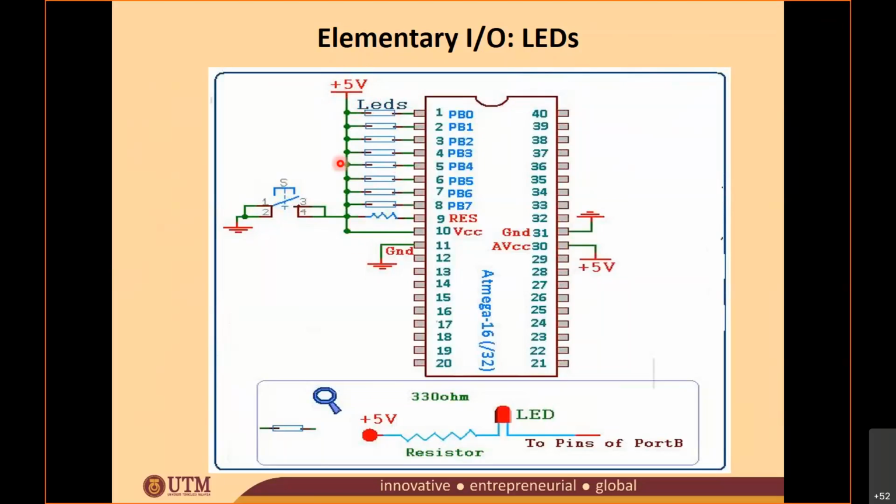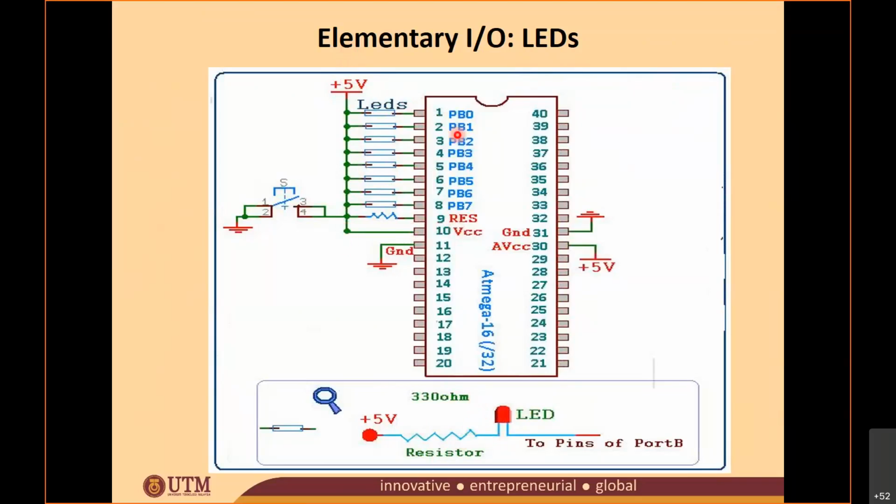Since all the positives here are connected to your VCC, this is a common anode, so to turn the LED on you need to give 0. Make sure that every time you connect your LED, you put a resistor to limit the current.